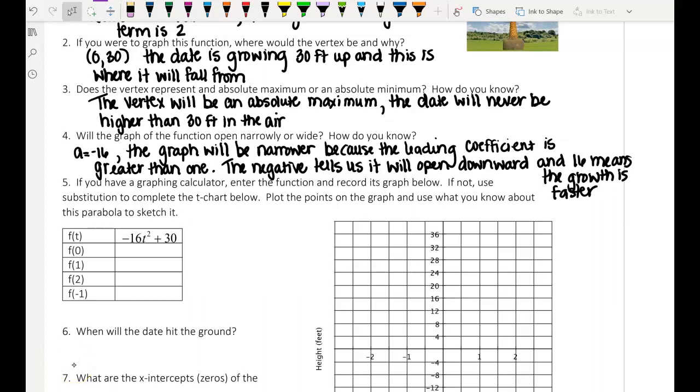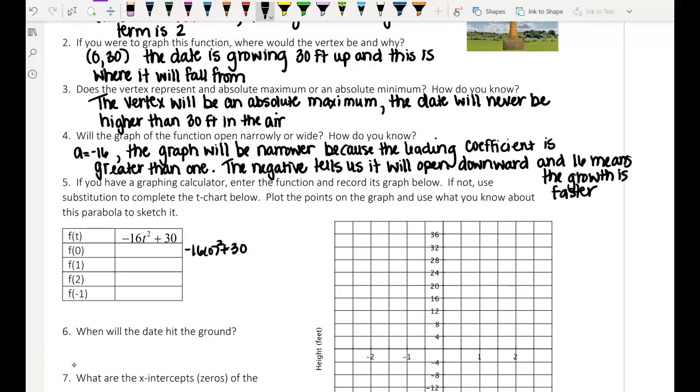All right, so Joey, they want to know what f of 0 is. So if I substitute in 0 here, what value do I get? Well, yeah, because what's 0 times anything?